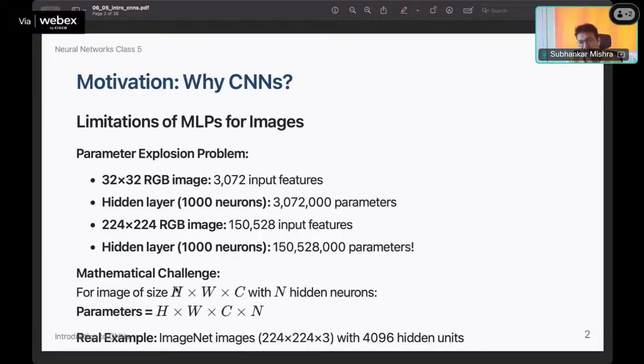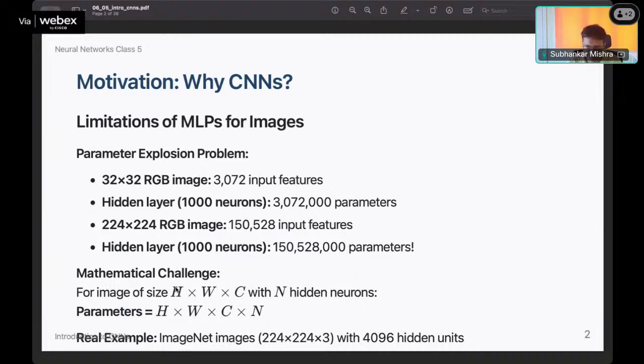Now, if we connect this to just 1000 neurons, the input layer is 3072 and the hidden layer is just 1000 neurons. That itself becomes around 3 million parameters.